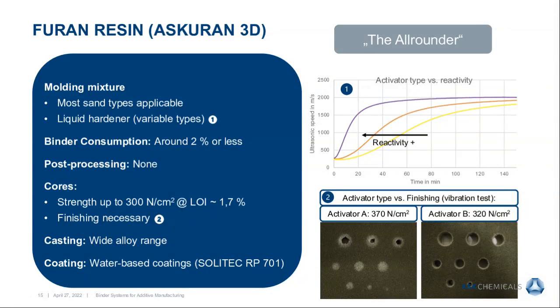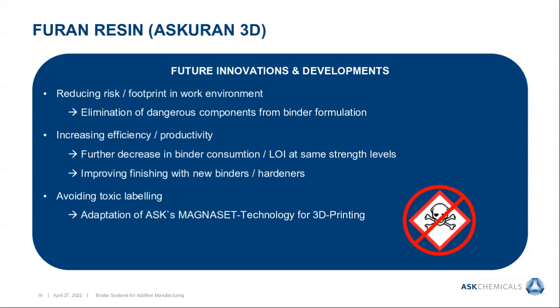And if necessary, coatings are also obtainable from ASK. In this case, a very popular solution would be a water-based coating, the Solitec RP701. We also want to develop this system even further, and in further development, we're focusing on reducing the risk or the footprint in the working environment, so eliminating more and more dangerous components from the binder formulation, but also increasing efficiency so that, while remaining at the same strength, binder consumption can even be lowered.